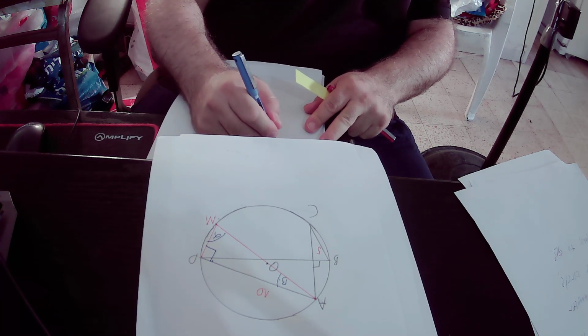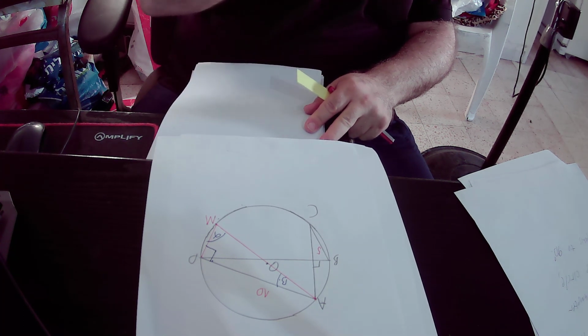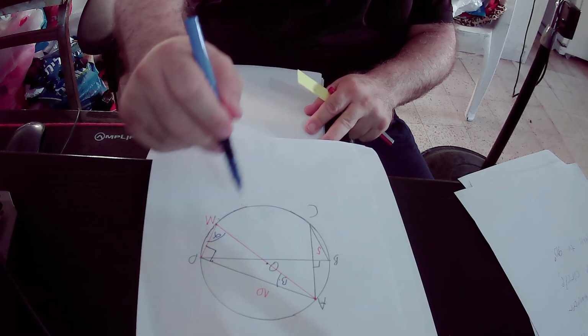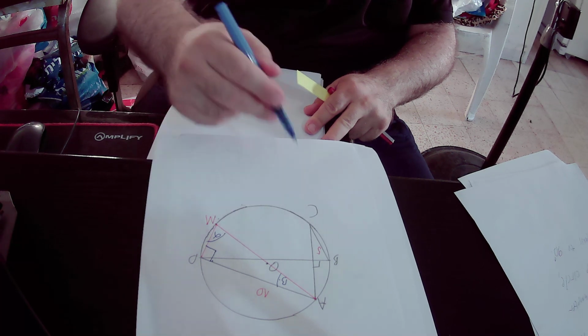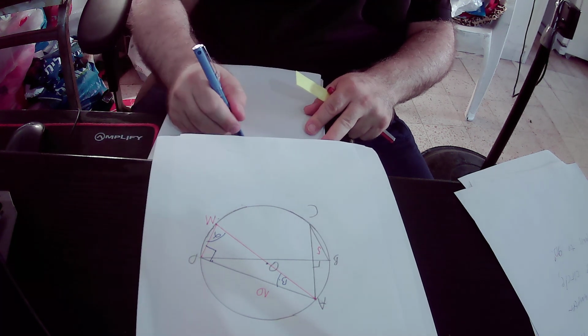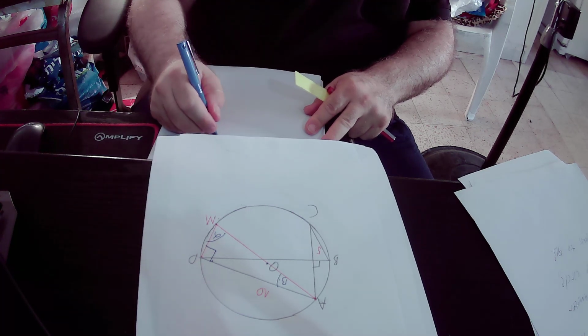Our first equation will be the sum of the angles of the right triangle AMD, that is alpha plus beta plus 90 degrees, equals 180 degrees.